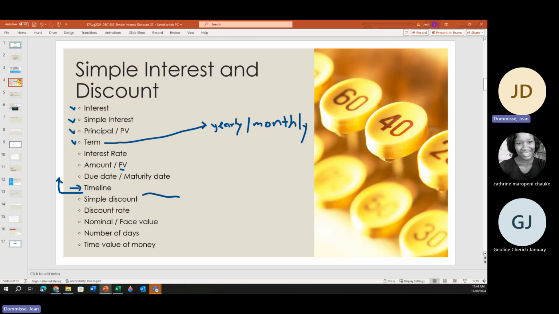And then there's a bit of simple discount rate that we're also going to look at. Normally how a discount rate works is they will say you could buy something over a year, it would cost you a certain amount, but if you pay it off within 8 months, you will pay it off with a discount rate so that you basically pay it off sooner with less interest being paid on it.